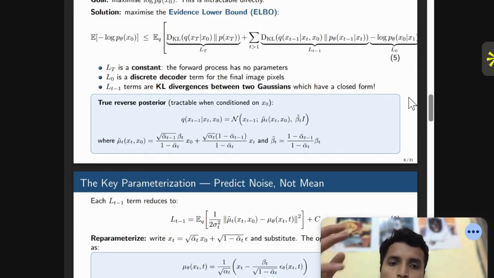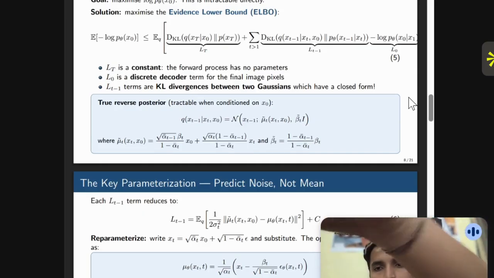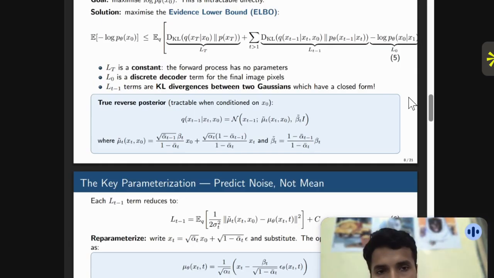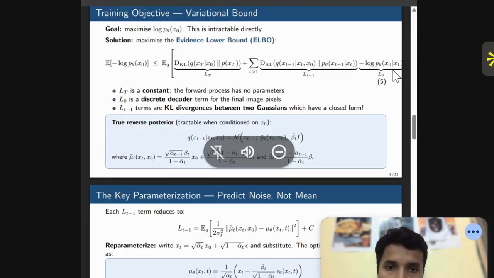The formula for the true posterior is q of xt minus 1 given xt and x0, which is essentially a Gaussian, whereas the other term also follows a Gaussian, which means this particular KL divergence can be solved analytically.